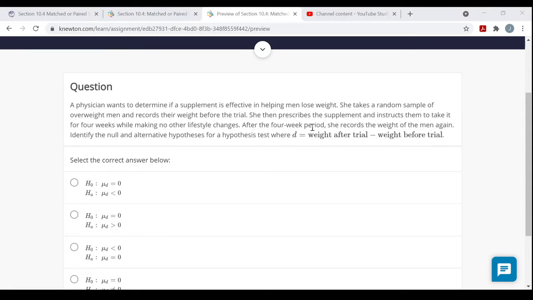After the 4-week period, she records the weight of the men again. Identify the null and alternative hypothesis for a hypothesis test where D is the weight after trial minus the weight before the trial. All right, so here's what's happening here.